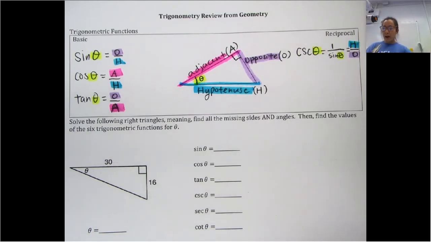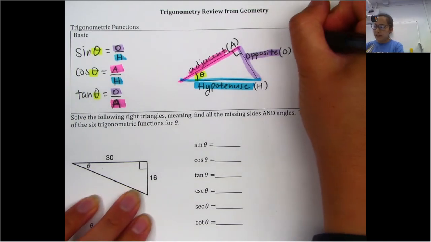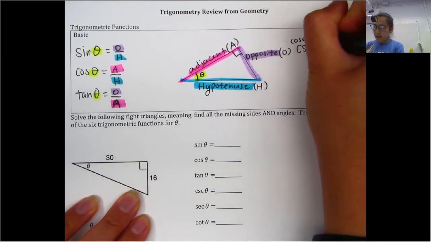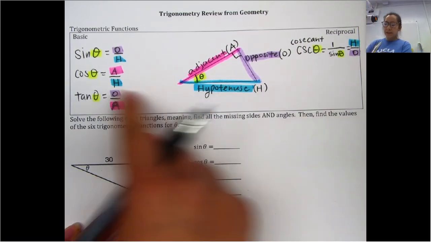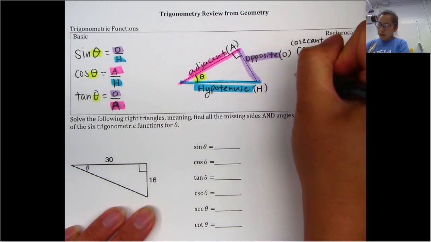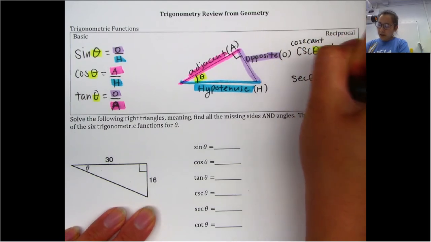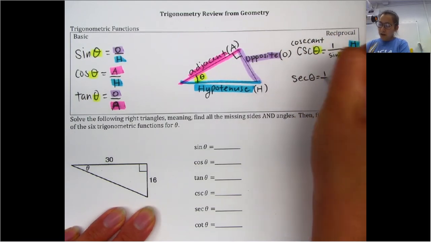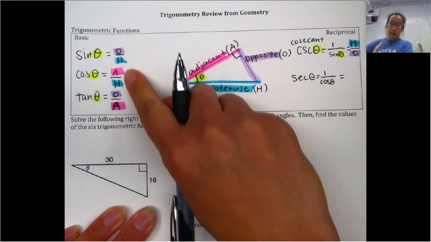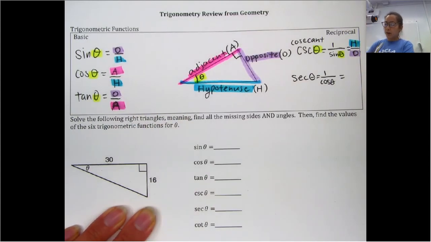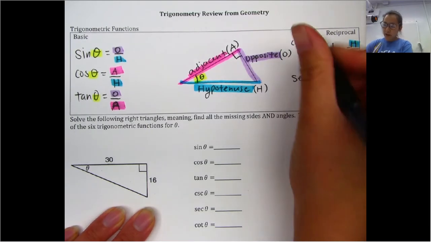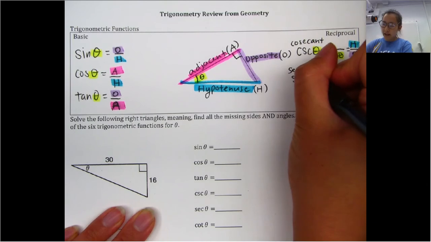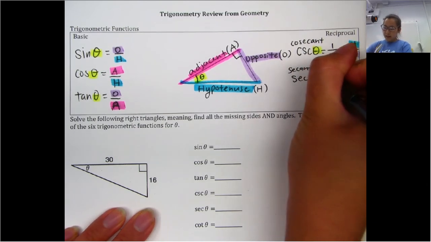Just to spell that out for you, cosecant is spelled C-O-S-E-C-A-N-T. Then we have secant for cosine. Secant theta is 1 over cosine of theta. This is the flip of A over H, so it would be H over A. Just to spell that out, that's S-E-C-A-N-T, secant.